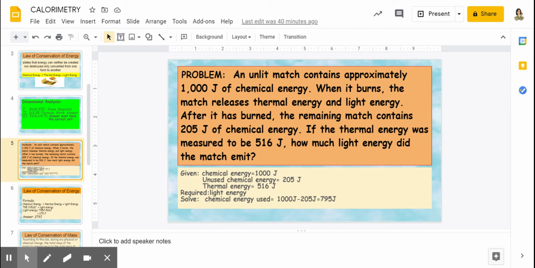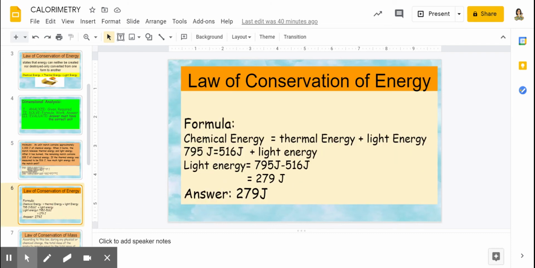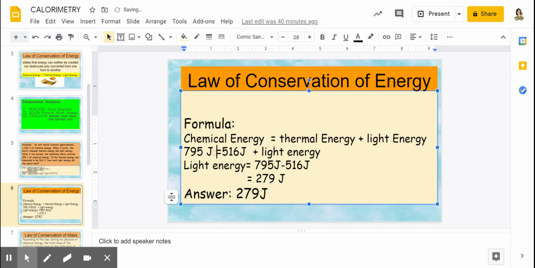But how much energy is used? It should be the chemical energy, which is 1000, minus unused chemical energy, 205. So total is 795 joules. That is the one that you should plug into the equation right here. So chemical energy equals 795. Then how much thermal energy do you have?